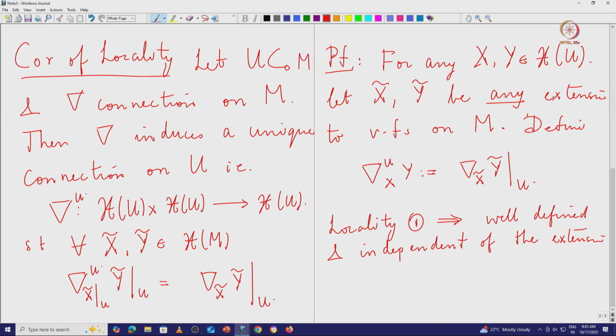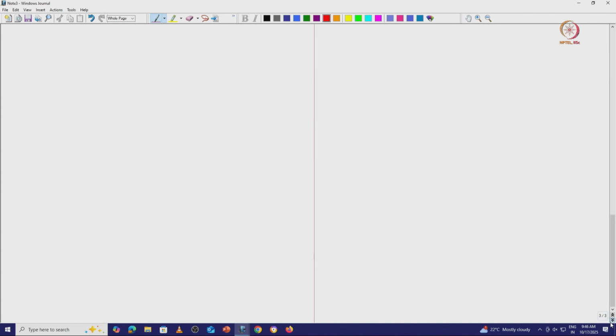And then one can easily check that this satisfies the axioms of being a connection. As I was saying, this just means that given any connection on M, you can restrict it to a connection on an open set of M.